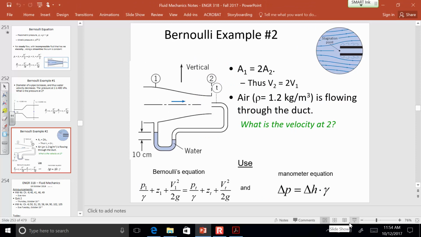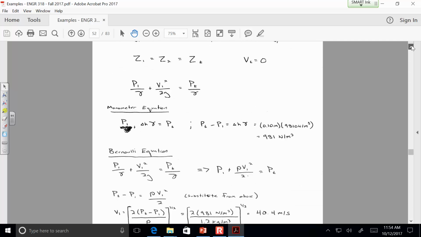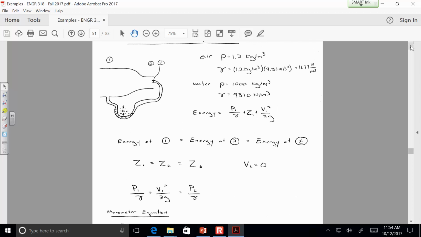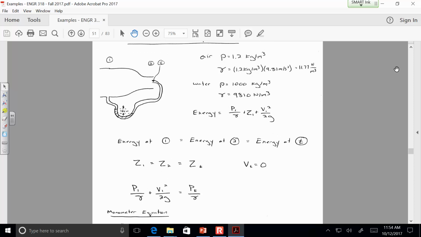How do we find the pressure difference inside the manometer? What equation do we use for that? Hydrostatic, that's right. Conditions are static in that manometer, so to describe the difference in pressure in the manometer, we're going to use the hydrostatic equation.